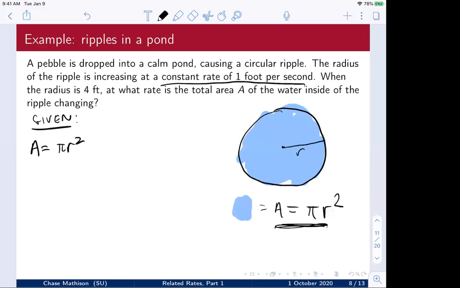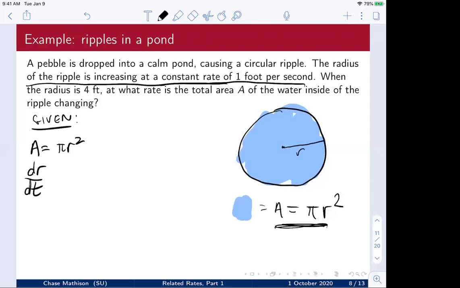How can I write that the radius of the ripple is increasing at a constant rate of 1 foot per second? How can I write that using math symbols? That's going to be a big part of these. Is it dr by dt equals 1? Perfect. The rate of change of r.